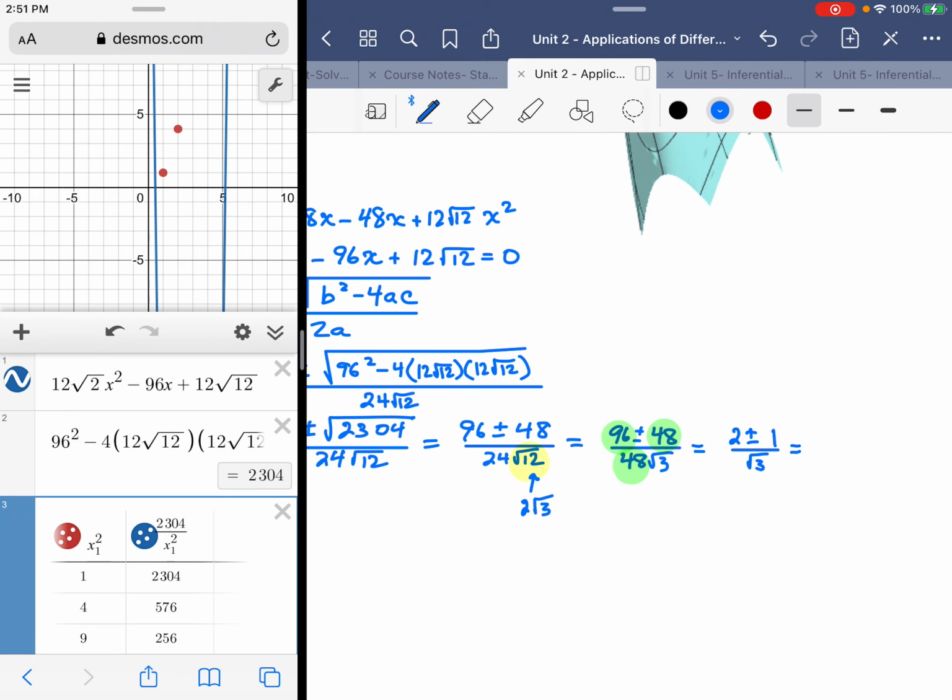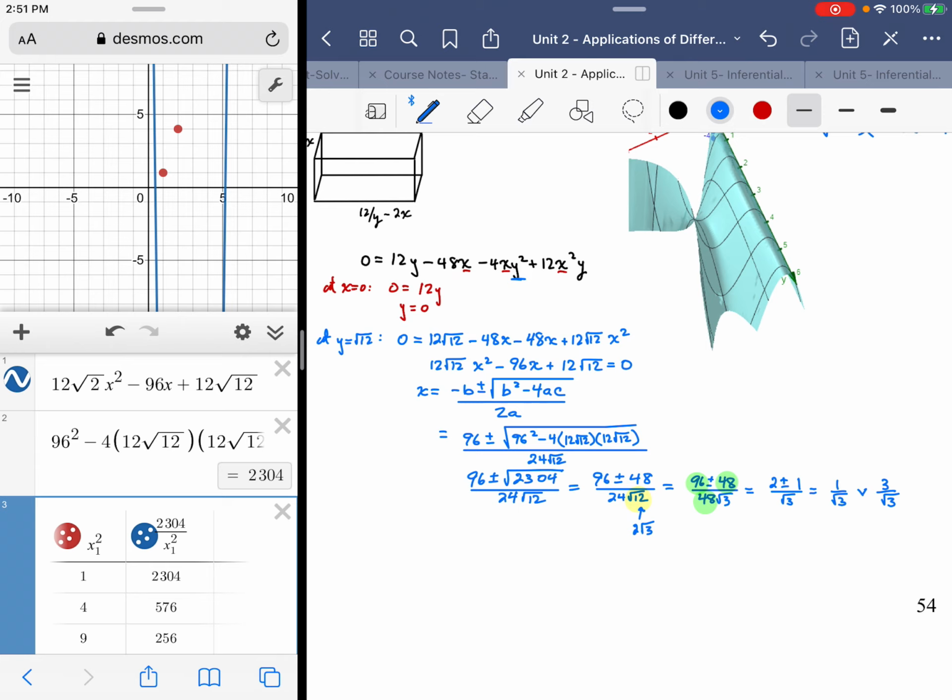So we're looking at possibilities of 2 minus 1, which is 1 over rad 3, or 2 plus 1, 3 over rad 3. Either way, at long last, we get some values. So we got a list of critical values here, a list of critical values a mile long.